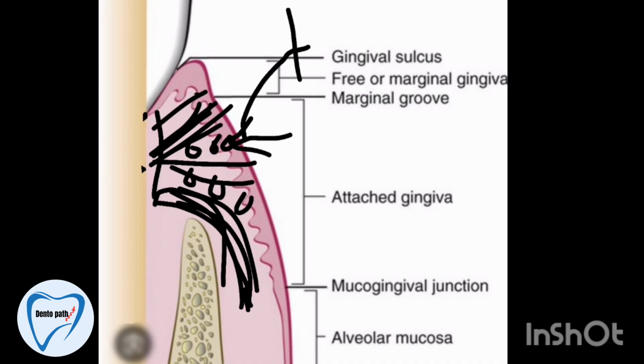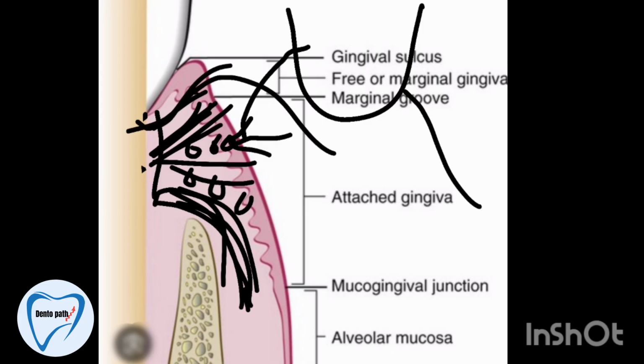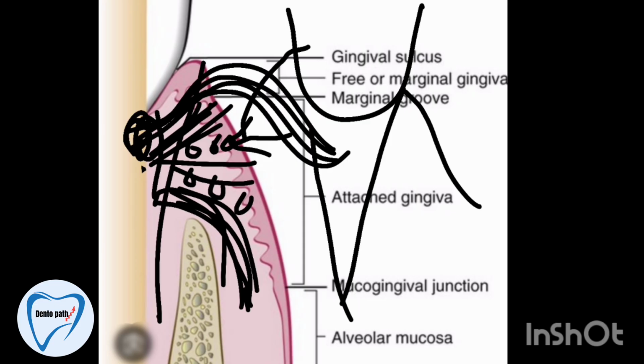This is another tooth. This is known as transseptal fibers, which extend from the septum of one tooth to another.